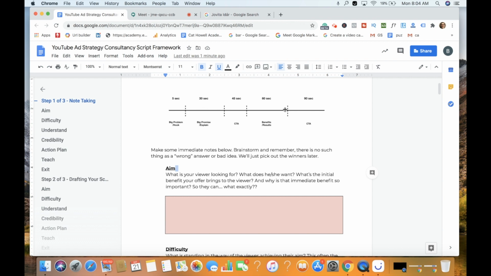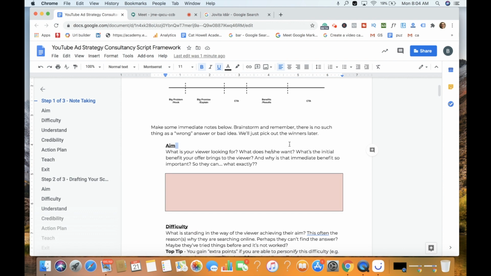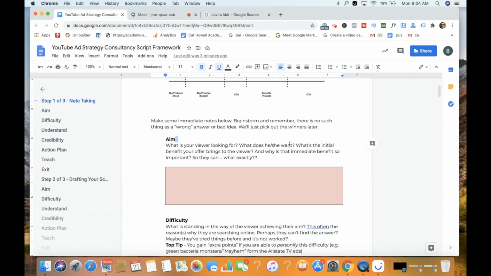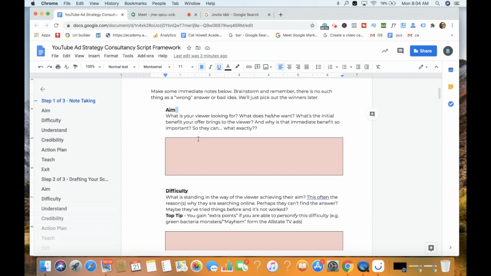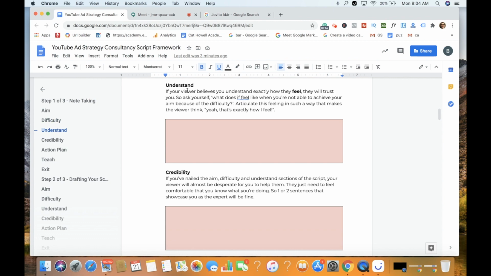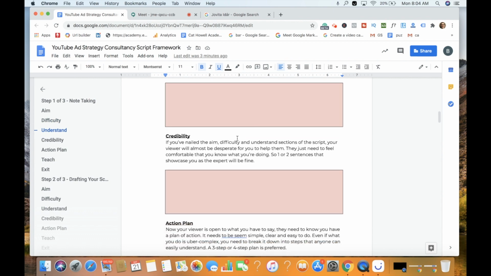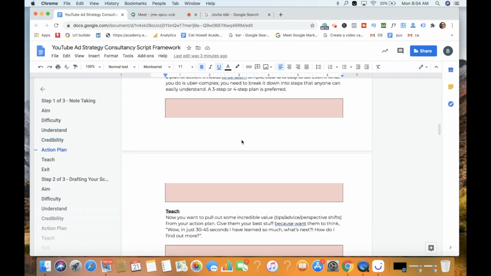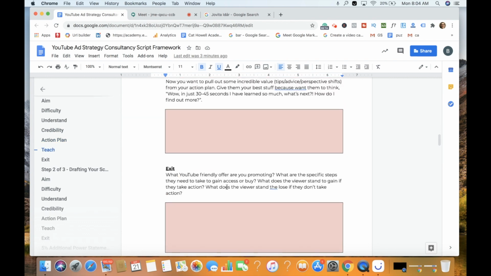So I have this template here. This is actually coming from Tom Breeze, who's one of the top YouTube ads agencies in the world, and this is how we break it down. It has an acronym called EDUCATE: E for aim, D for difficulty, U for understand, C for credibility, action plan, and then teach, and then exit.